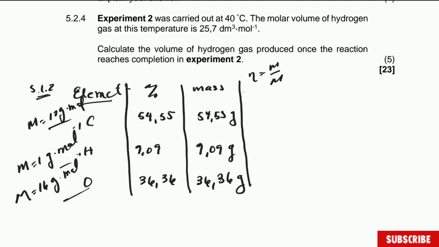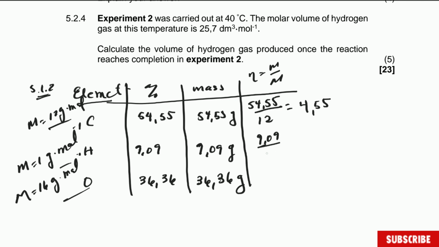So I'm just going to substitute because I already wrote the formula there. In this case the mass, which is 54.55, divided by the molar mass, which is 12, will give me 4.55. We go to the next one and do the same. It's 9.09 divided by the molar mass of hydrogen, which is 1, and that will give you 9.09.